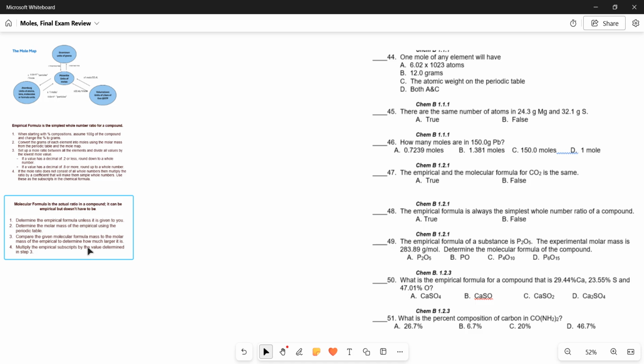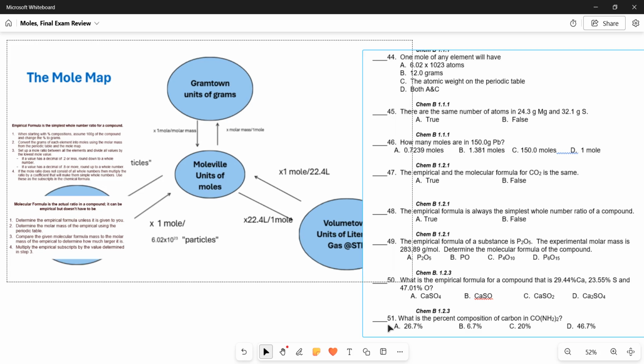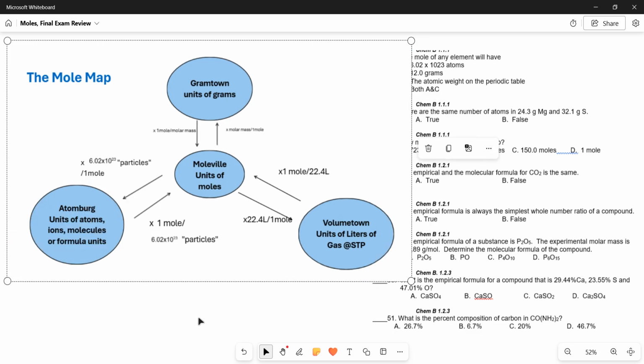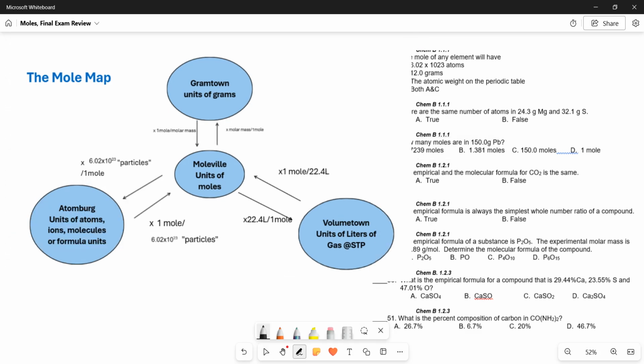Question 44 says, 1 mole of any element will have. Well, this question is being asked because I'm asking the students, do they understand what a mole is? Here is my mole map that I used in class. When we look at this mole map, in the center we have moles.